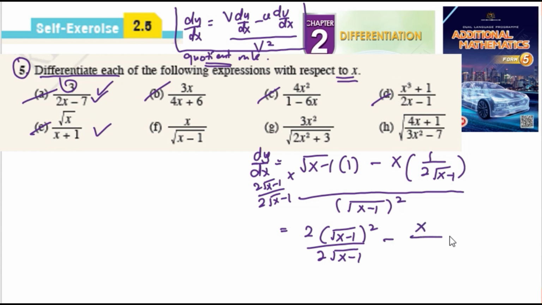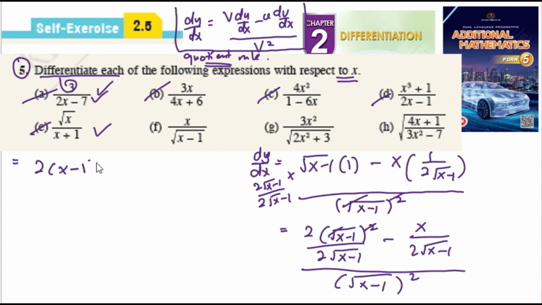Minus, this one will be x divided by 2 square root of x minus 1, divided by square root of x minus 1 squared. The square root and square can be cut off. So you have 2 times x minus 1 minus x, divided by 2 square root of x minus 1.